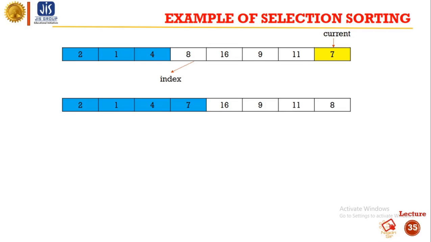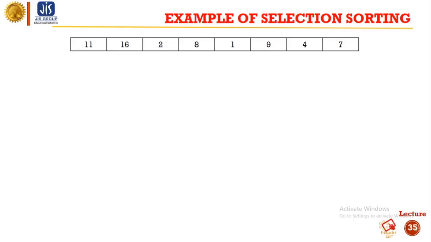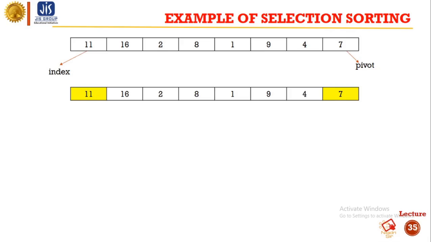I am again explaining this one. This was the list of elements. The last element we have taken here as the pivot, that is 7 is the pivot element. 11, the first element, is called the index element, and the first element is also the current element.